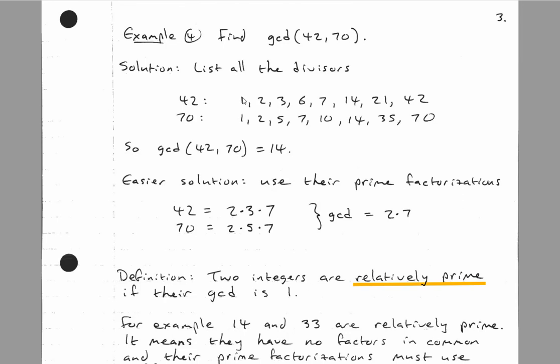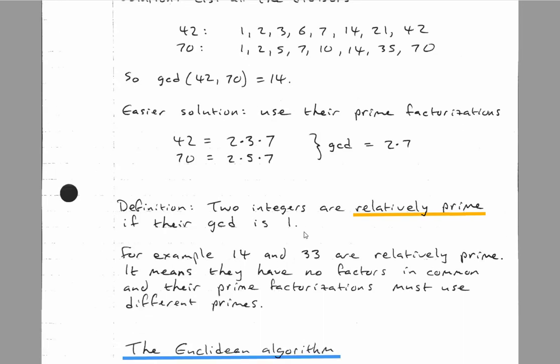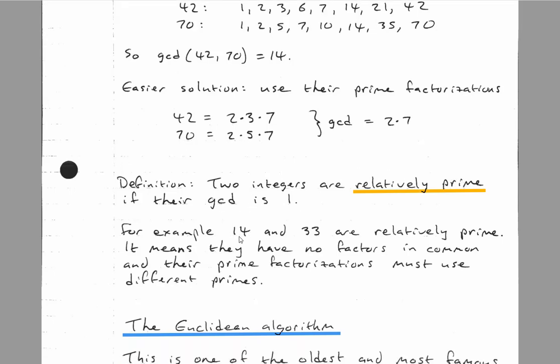We saw 1 is always going to be a common factor, but sometimes it's the only common factor. So in that case, we say two numbers are relatively prime. For example, 14 and 33 are relatively prime.